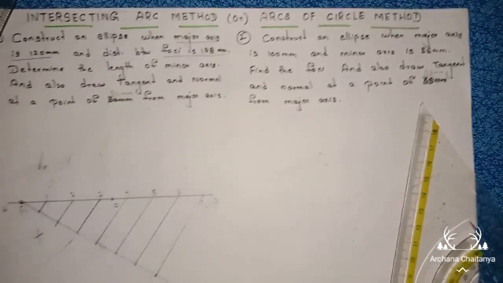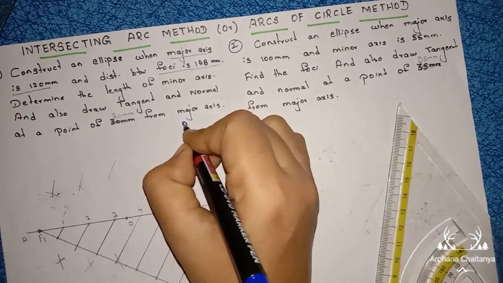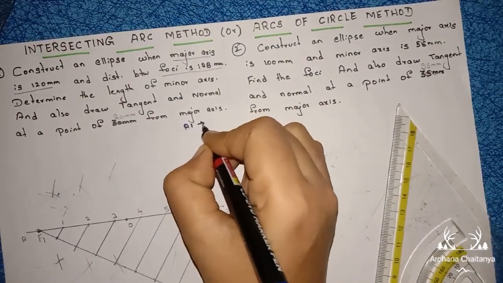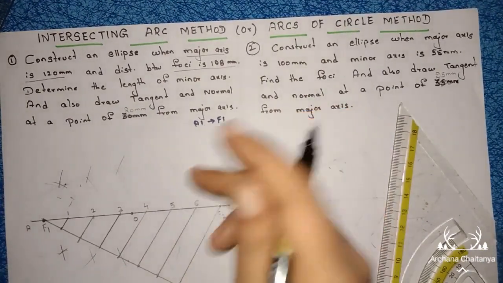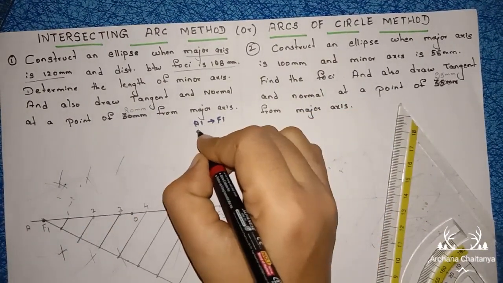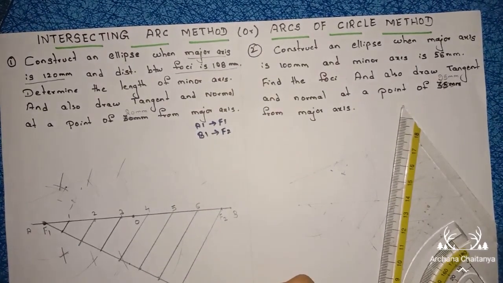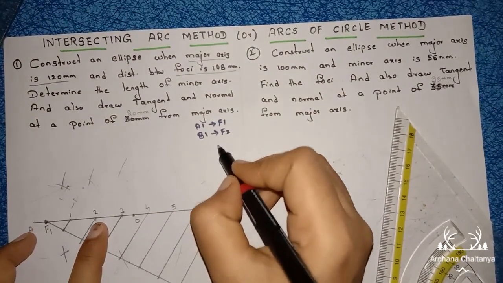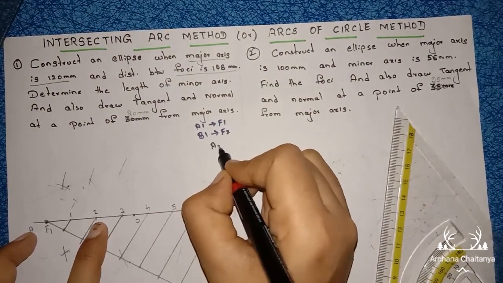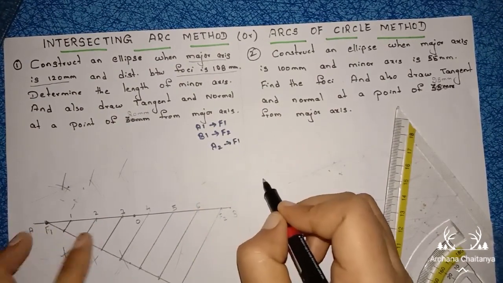So we will write down here: A1 radius, F1 center, you are drawing the first arc. How are you cutting that one? B1 radius, F2 center, you are cutting that arc. Then A2 radius, F1 as center, we are drawing the first arc.